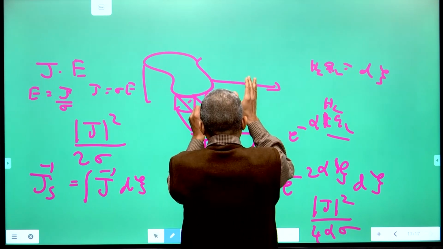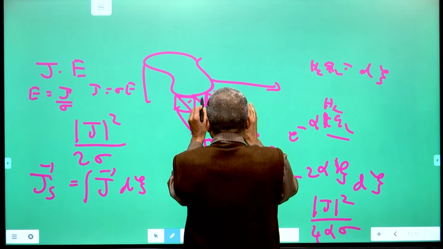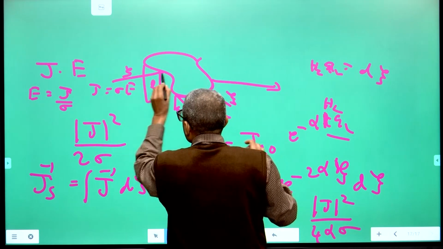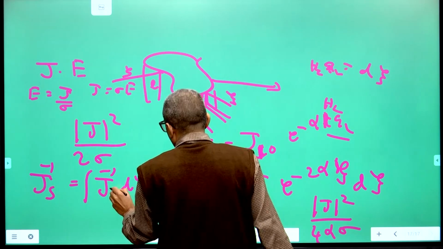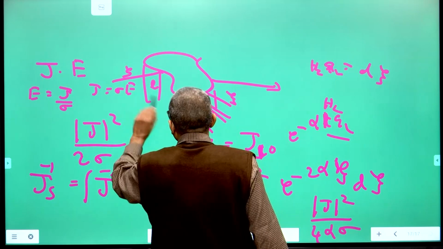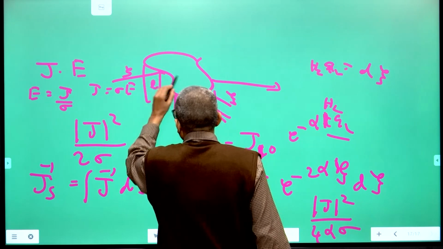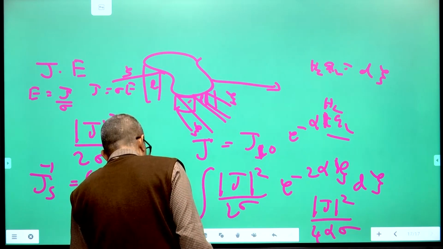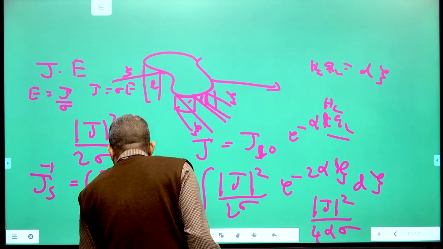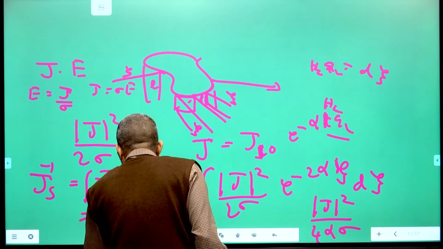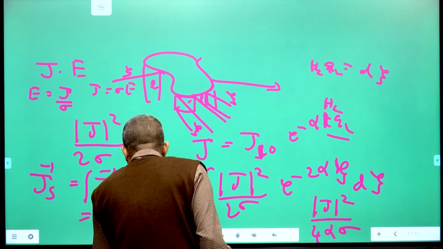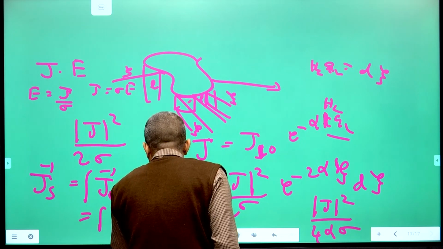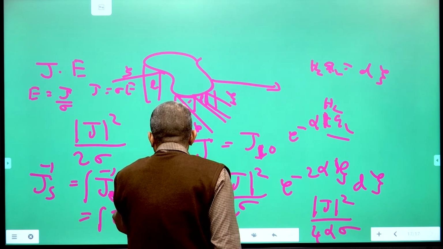If I take a unit length here, 1 into xi is the area, or if you take a length L along the z direction and xi is the normal, then L into xi is the area, and if you multiply with the current density, that gives you the total current. So if you integrate over all xi, I get the current per unit length, which is the surface current, and this is the integral of J on the surface into e power minus gamma xi d xi, which is J0 by gamma.